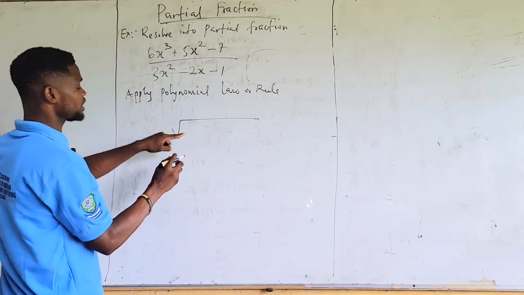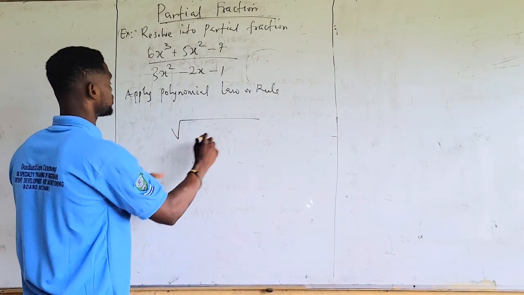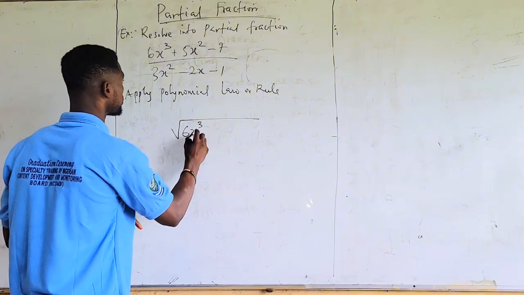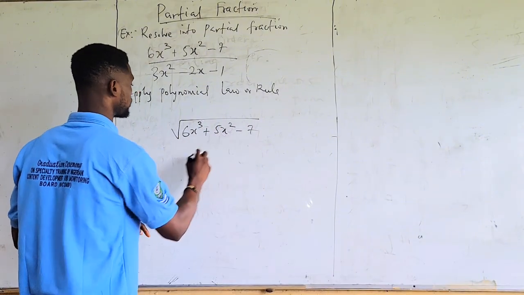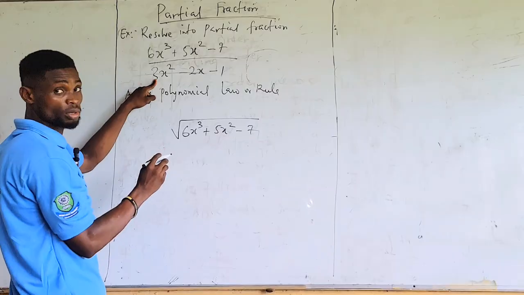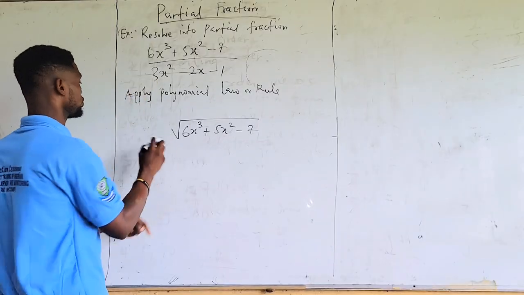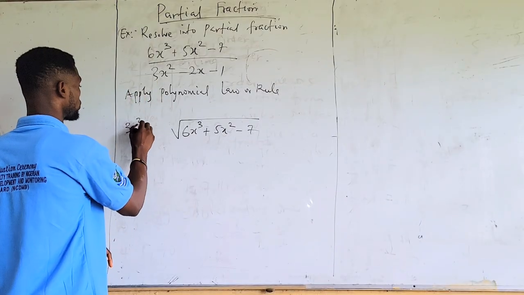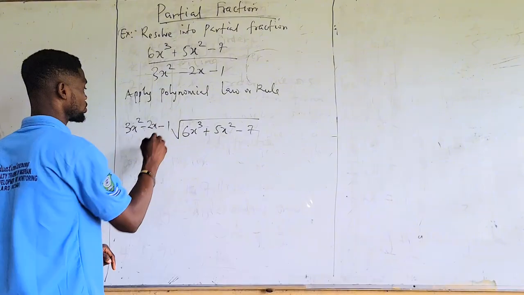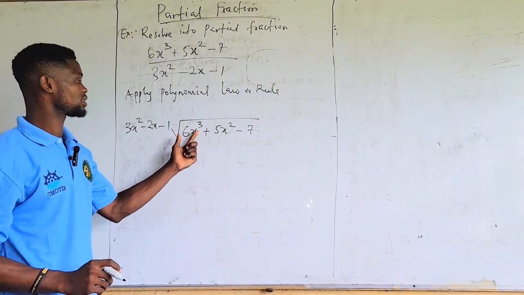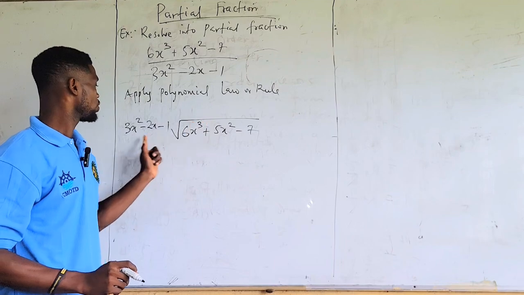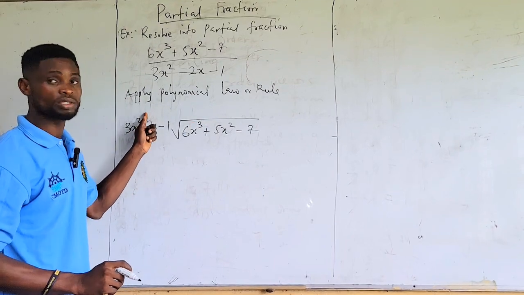This numerator will be inside the square root, that is 6x cubed plus 5x square minus 7, while this denominator will be outside the square root, we have 3x square minus 2x minus 1. For this 6x cube, we are going to divide it by 3x square.